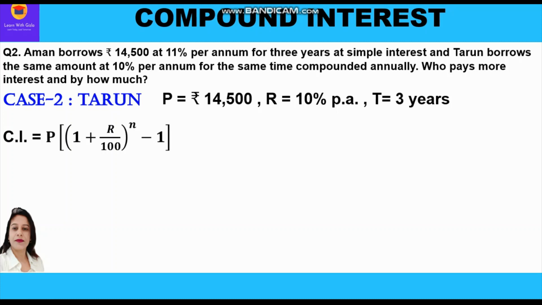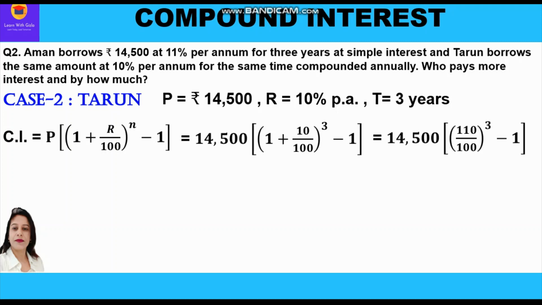Accordingly we put the values: 14,500[(1 + 10/100)^3 minus 1].